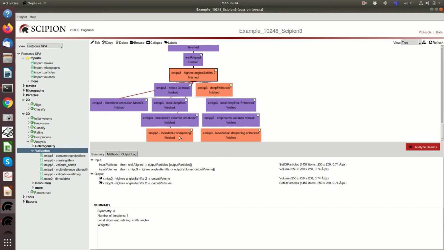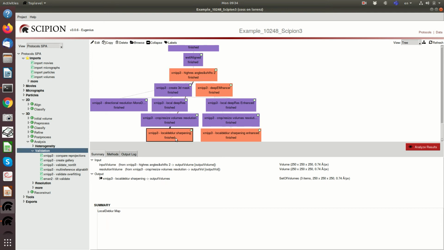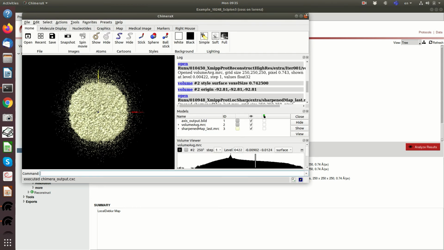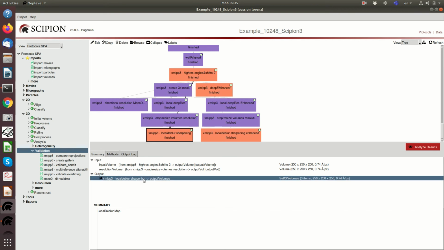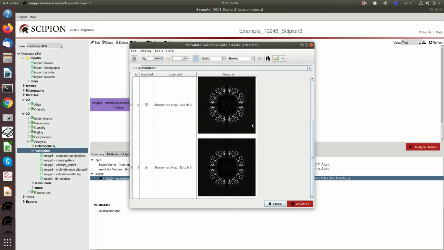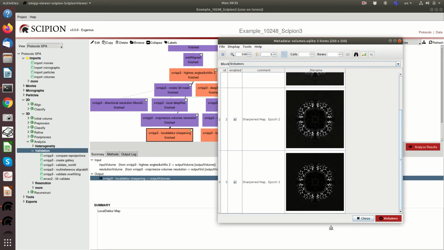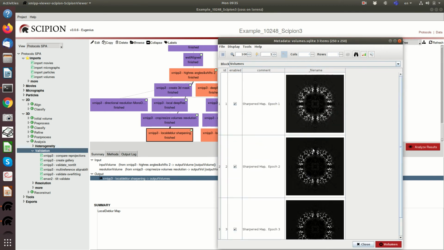And then we can do some local deblurring. That is considering the local resolution and then doing a 3D correction that is taking into account the local resolution to improve the volume.